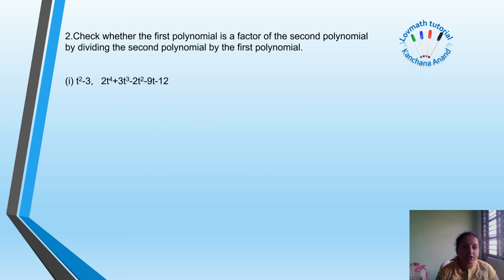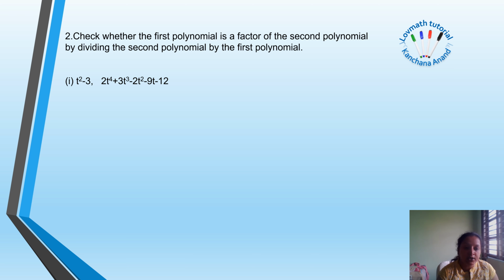Now let us solve the next question. Check whether the first polynomial is a factor of second polynomial by dividing the second polynomial by the first polynomial. To prove that t square minus 3 is a factor of 2t to the power of 4 plus 3t cube minus 2t square minus 9t minus 12, we have to get the remainder as 0.